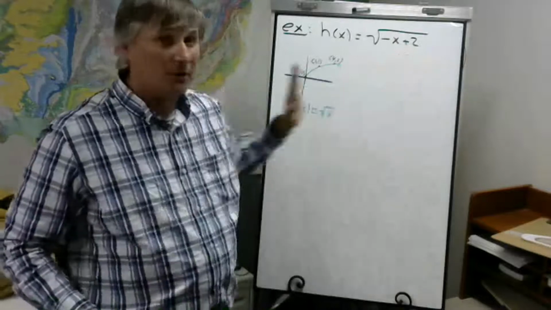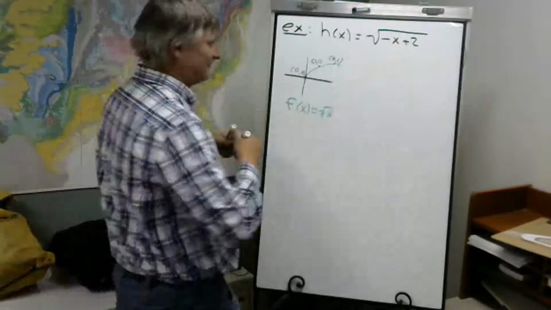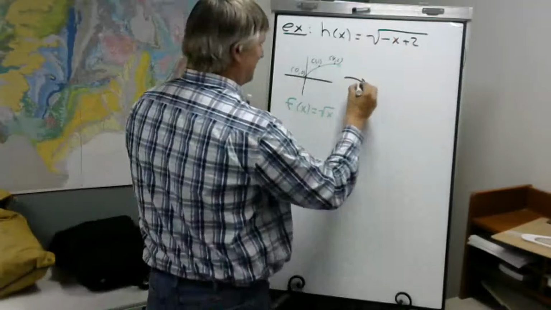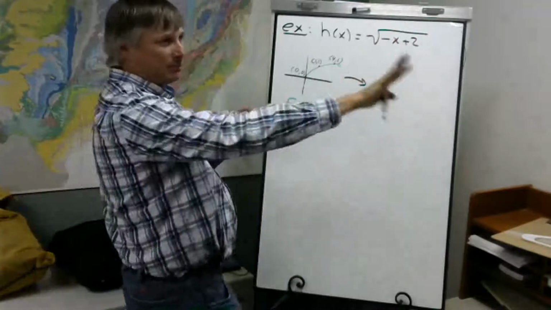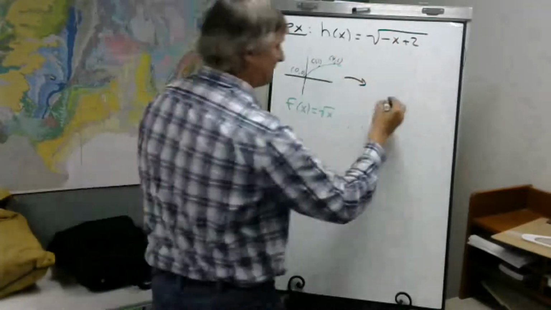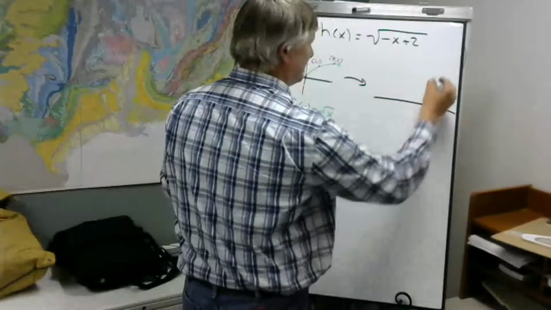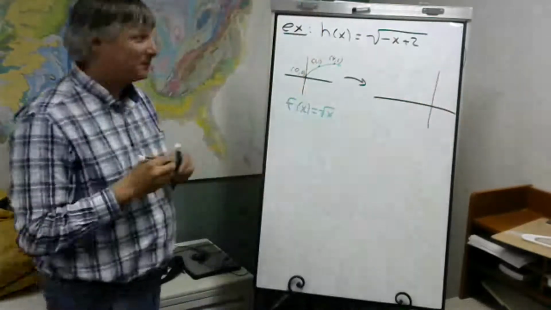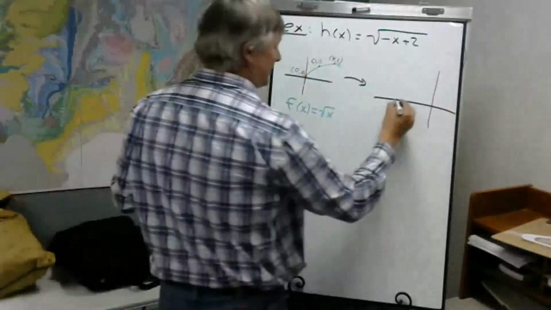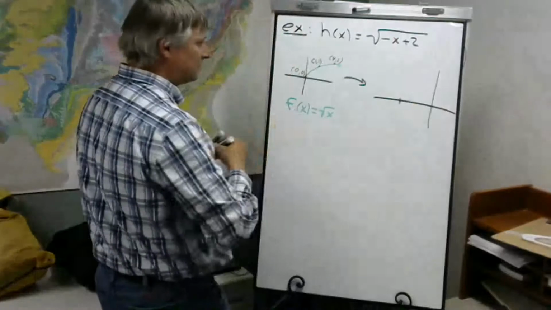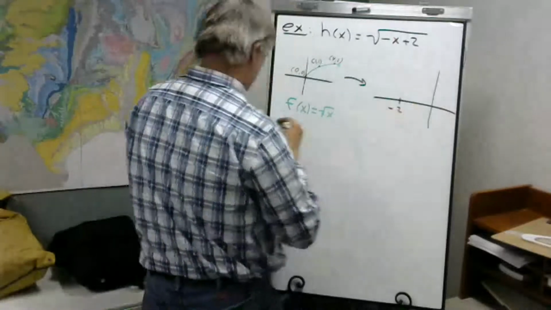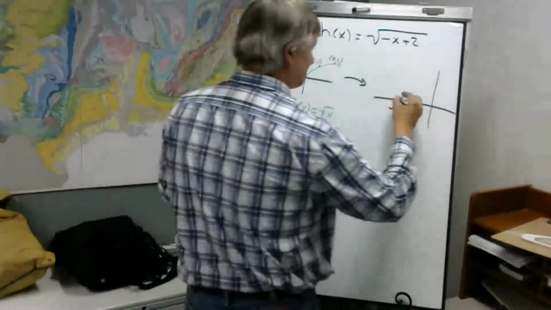That means it shifts to the left. Minus c shifts to the right, plus c shifts to the left. It's counterintuitive, but at least from an aesthetic point of view. So that means we're over here at -2 for our function.